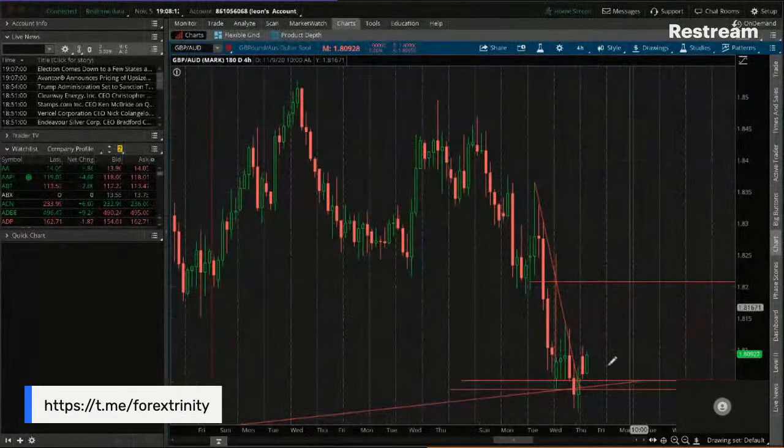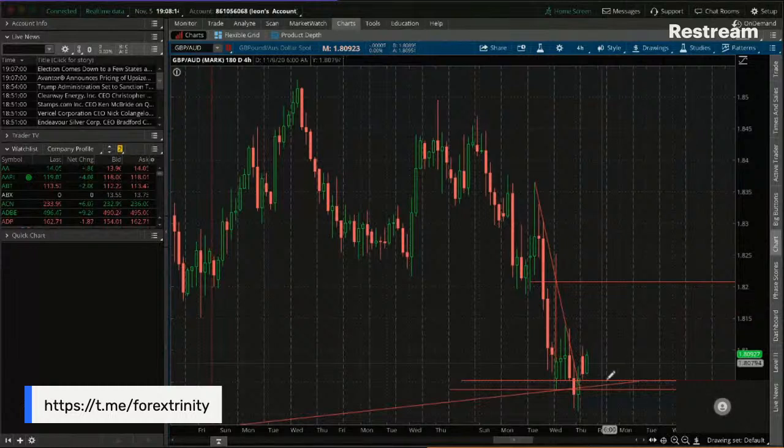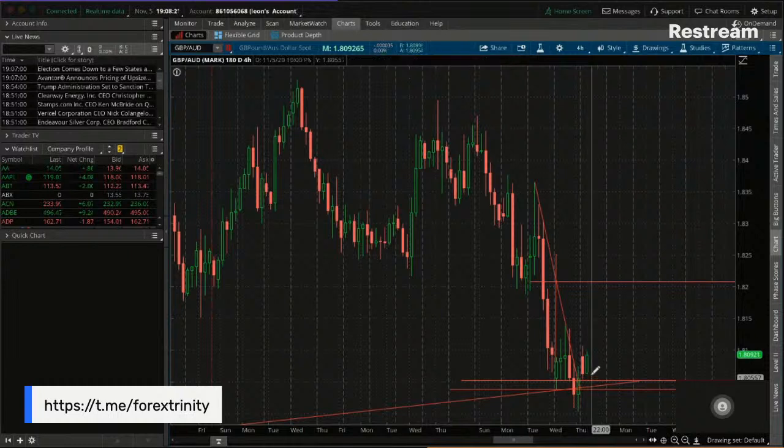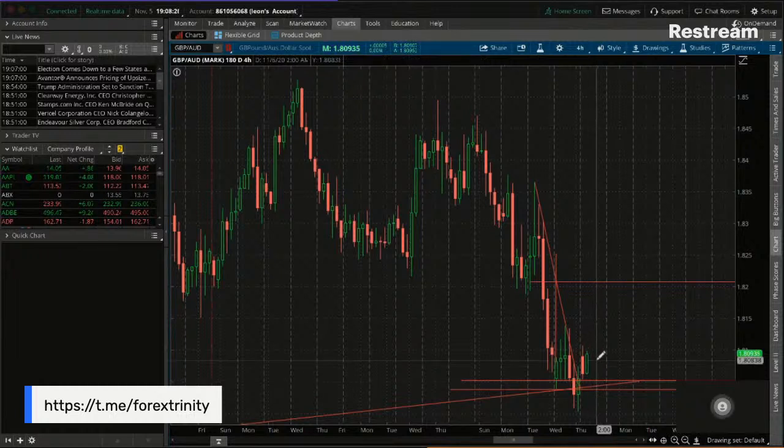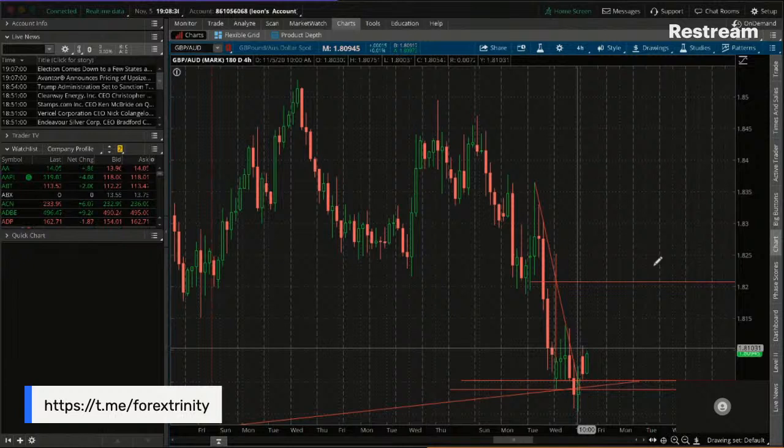Right here is a very good example. We got in here at the bottom. Even though it retraced back, we're still here at a risk-free trade. Got in around 55, it's at 94. You got it projected to go up here. Once it crossed my mark over here, we were golden.